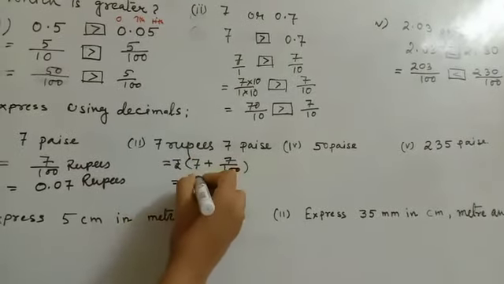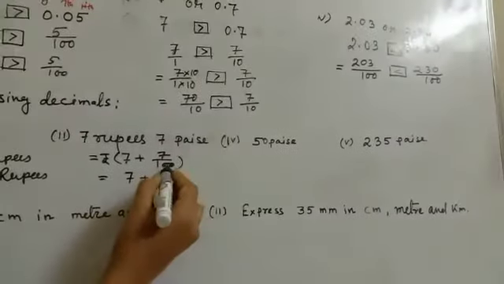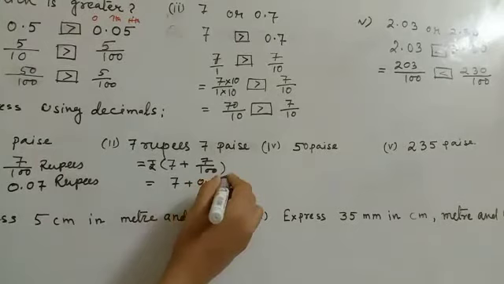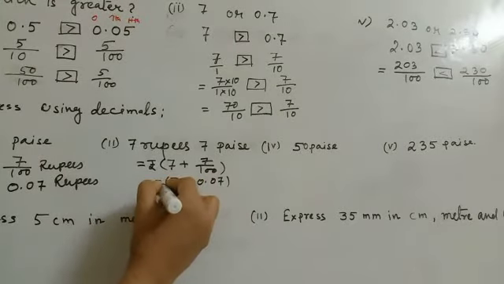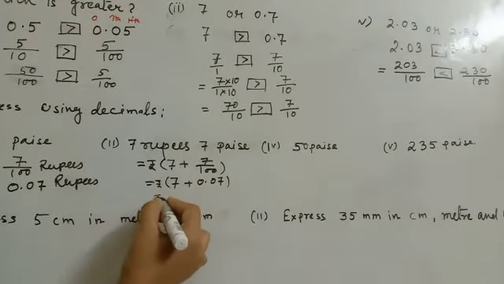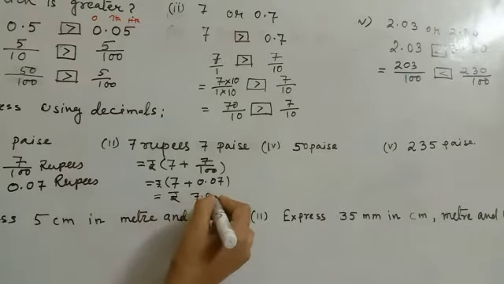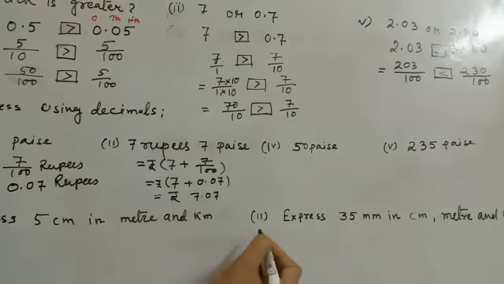Next 7 plus, as it is 7 by 100, so 0.07 rupees. You can write in this way, rupees 7.07. Understood? Come to the next question.